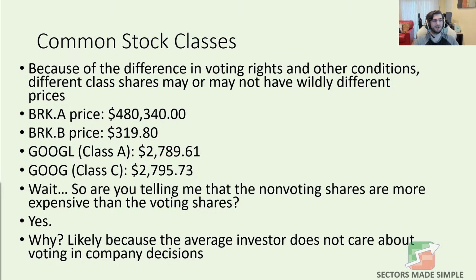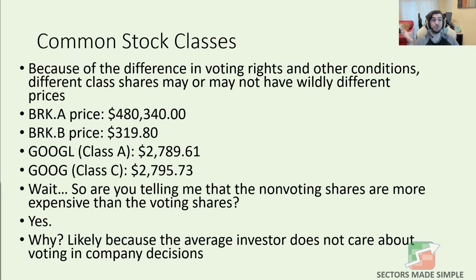The average investor does not care about voting in Google. They don't care about having a say in the company's future direction. And also, most investors think, I have one vote in a pool of billions. Why does it matter? Why should I care? So that's why Google's prices are not different.